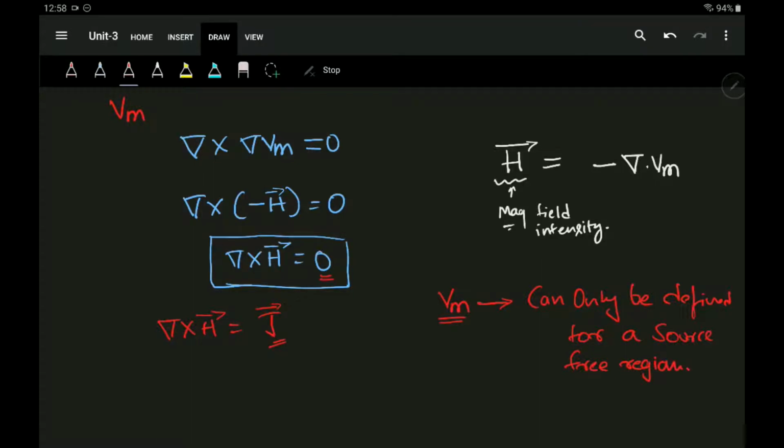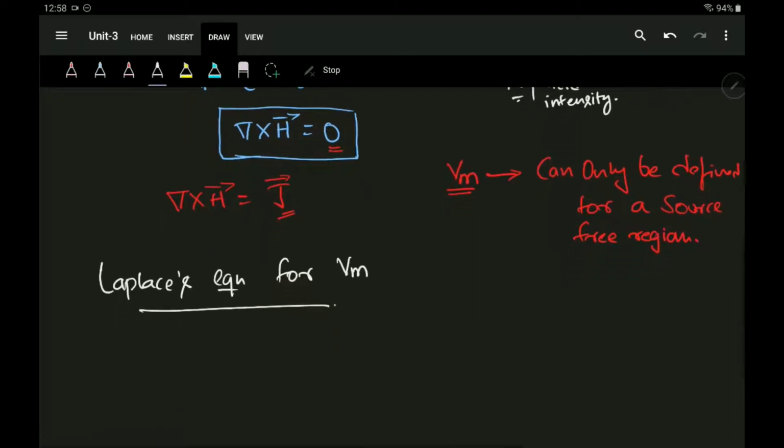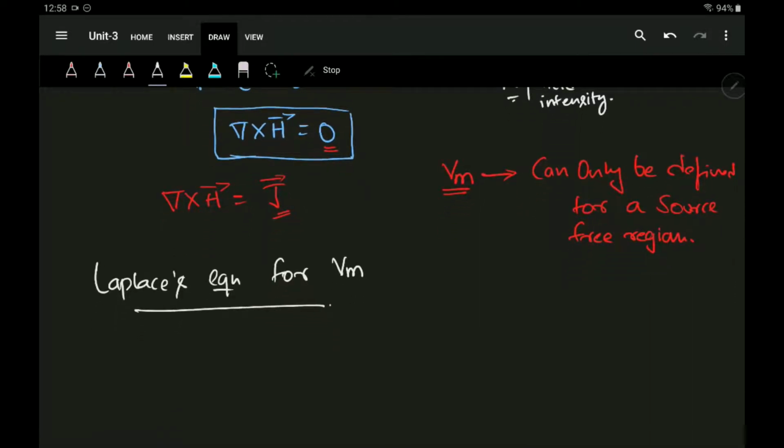After this, we'll try to find the Laplace equation for scalar magnetic potential. As we have seen the Laplace equation in electrostatics, in a similar way we are trying to derive the Laplace equation for scalar magnetic potential.